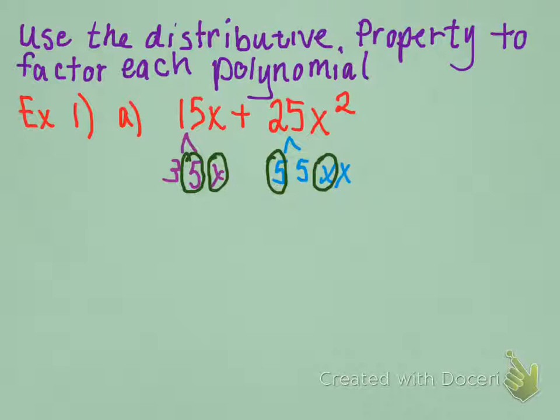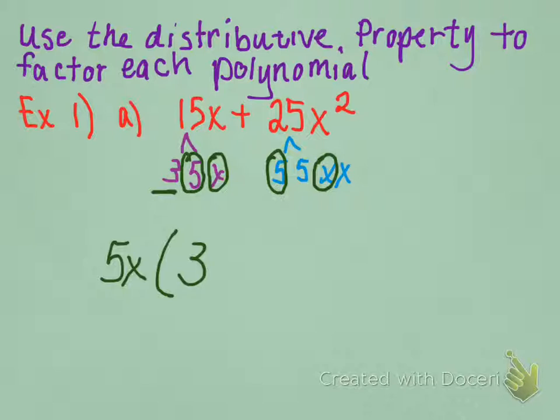Alright, so like yesterday, you're going to write 5x. So that is your GCF. That goes on the outside of your parentheses. Then you're going to look at your first term and you're going to see what's left. The only thing left is the number 3. So you're going to write that on the inside of the parentheses.